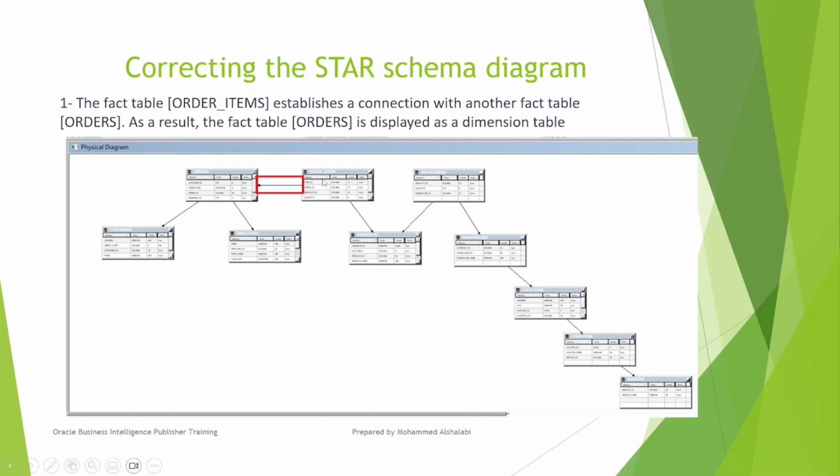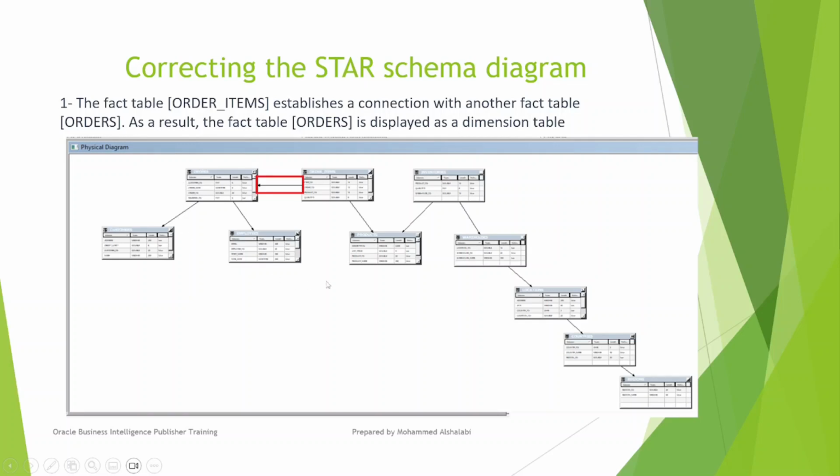Okay, order items has two relations with products and with orders. Now BI counts orders as a dimension table. However, the order table has two relations with employees and with customer. So this is why BI counts orders as a dimension, not as a fact.